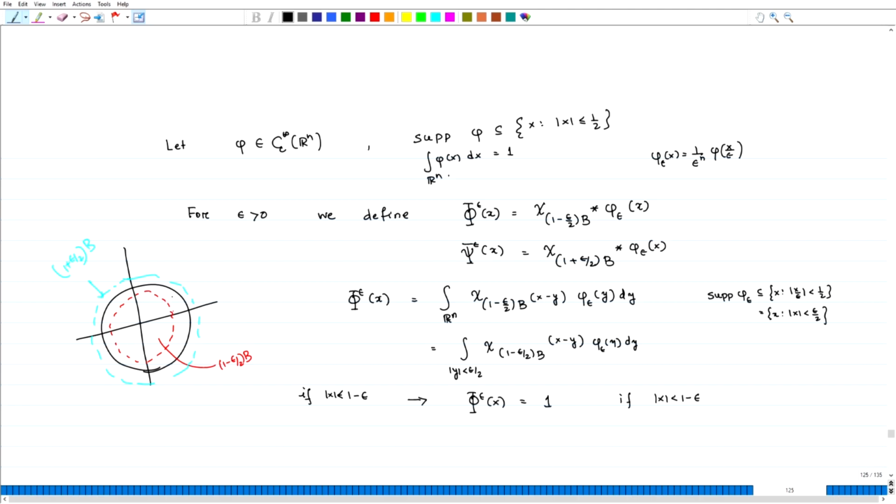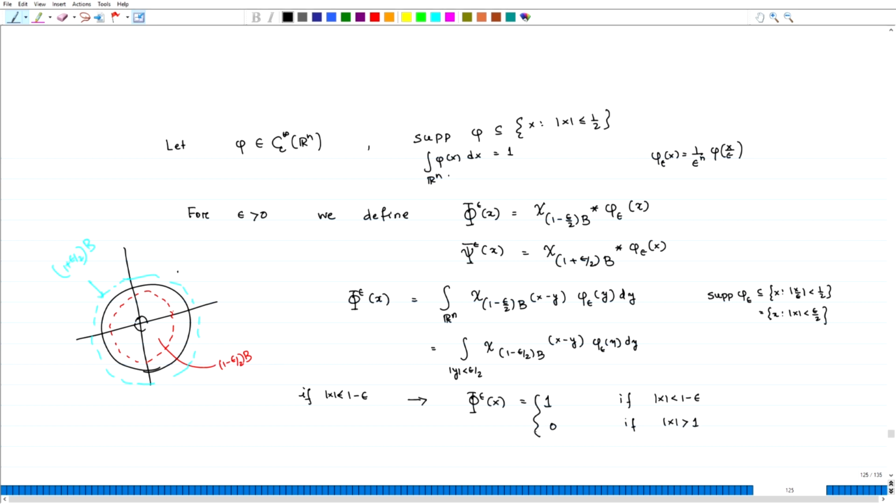If mod x is here, then x minus y is going to lie outside the red ball. Therefore, this is equal to 0 if mod x is greater than 1.